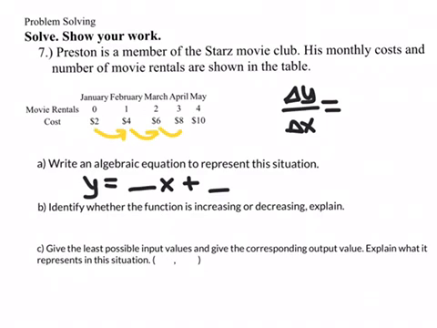Look what's happening here. It looks like it's increasing 2 each time. So our change in y is 2. And our change in the x value, it's increasing by 1 each time. So our slope, or our rate, is 2 over 1, which is the same thing as 2.